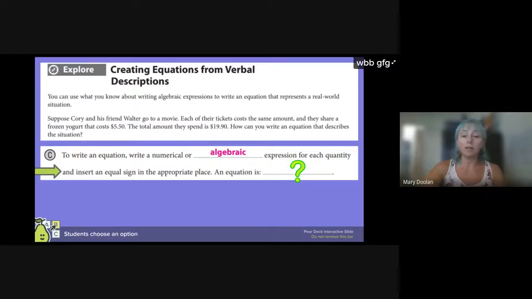Well, most of you are getting this correct, which is great. And I can read to you what was on the last slide, because I don't think it's going to let you do that. Which equation would show you that twice the cost of a ticket plus the cost of the frozen yogurt equals the total amount?